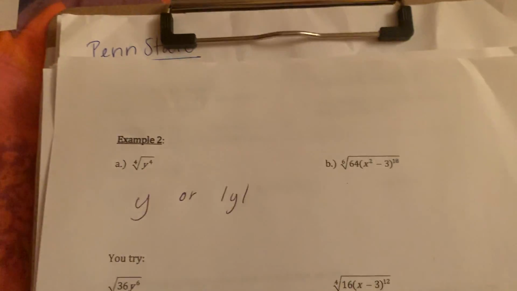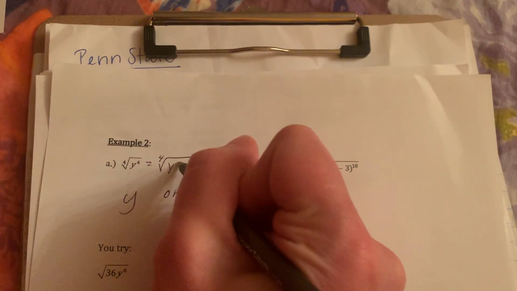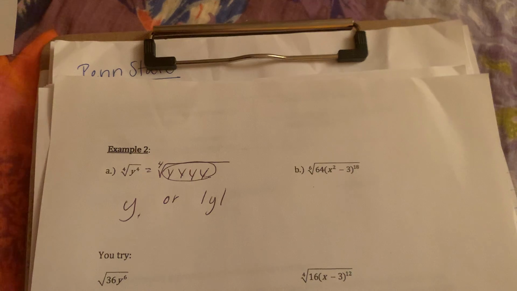Okay, they're doing the same thing. But I'm going to talk about something else here. Your answer here is y, or it's the absolute value of y. Now, what you would have naturally done is said, okay, I have 4 y's, so I have to take one group of 4 out, and I'm left with y. But here's the thing.